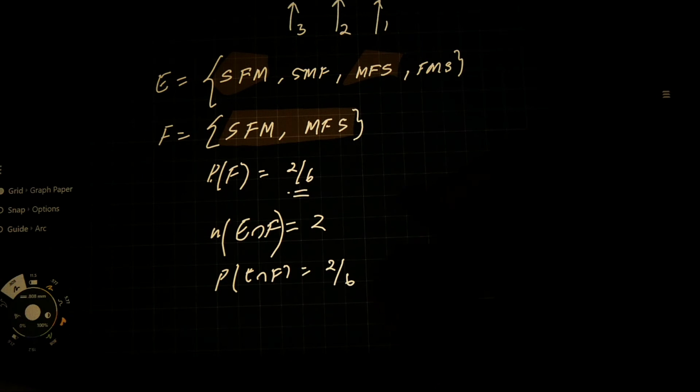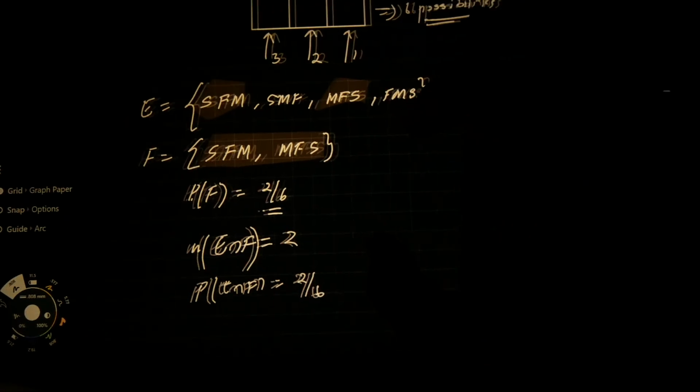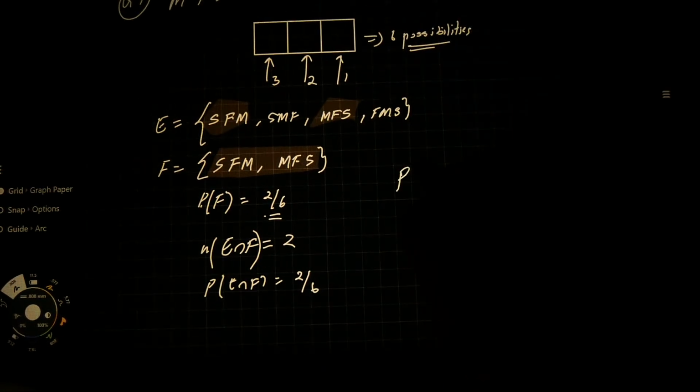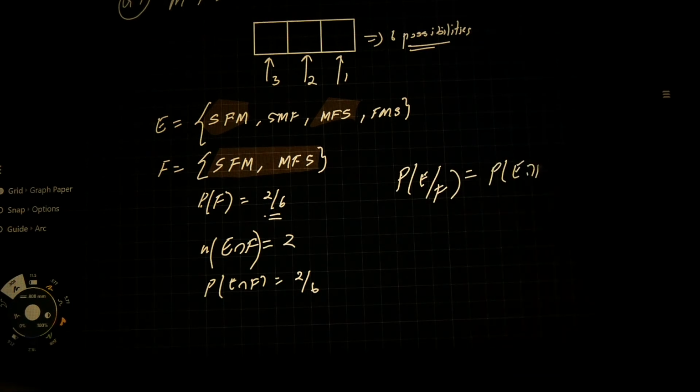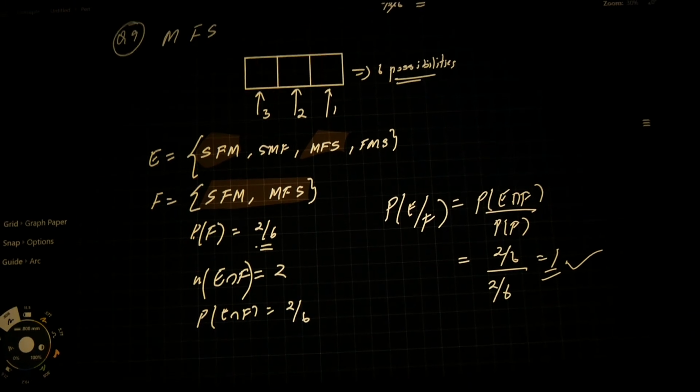So in this case, P of E given F is P of E intersection F by P of F, which is 2 by 6 by 2 by 6. The answer is 1. So that's done.